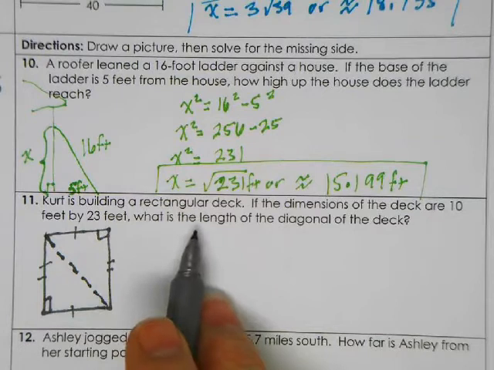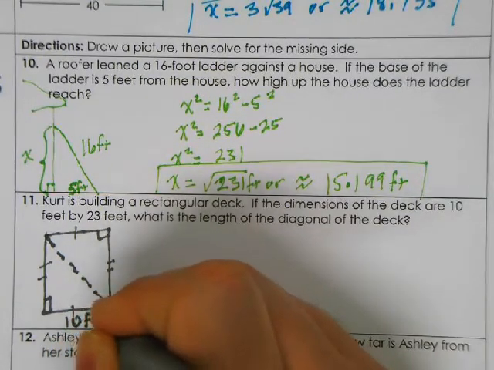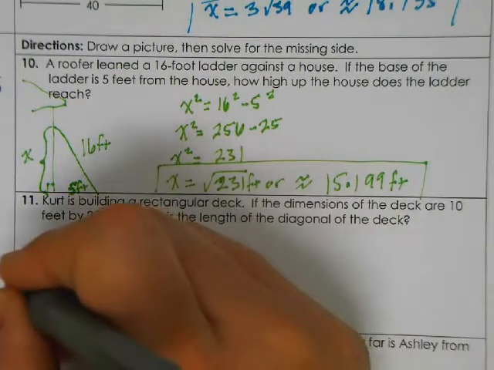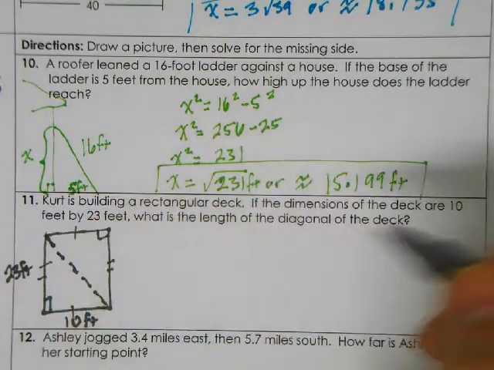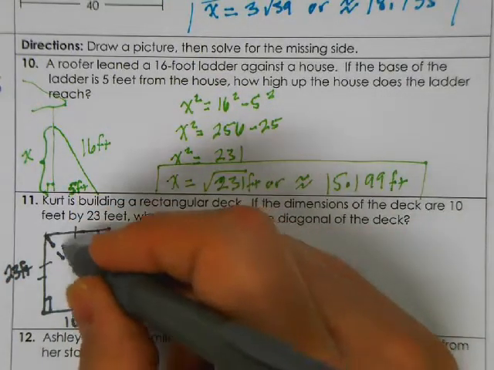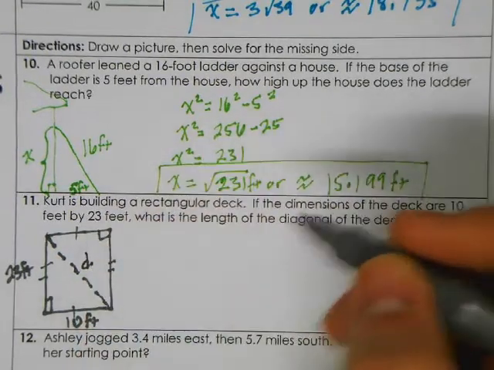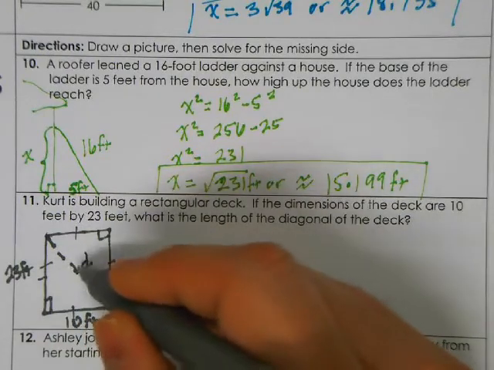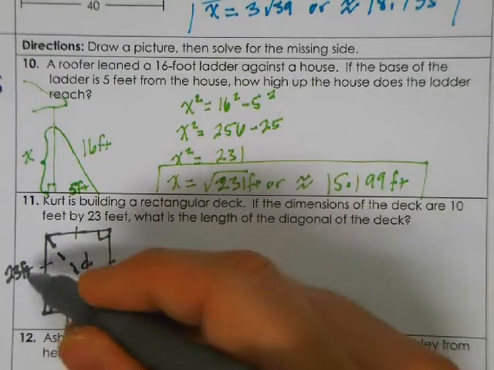So they're telling us that one side is 10, that one side is 23. So in this case, the diagonal, I guess we'll call that D for diagonal. Usually we use a capital D for distance, but I guess this is the same idea really.